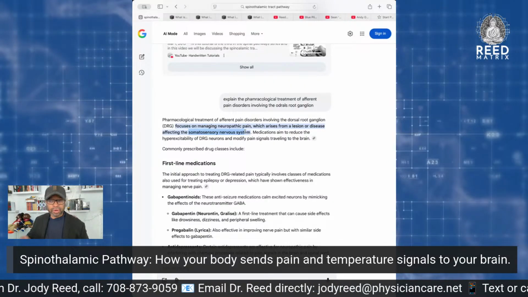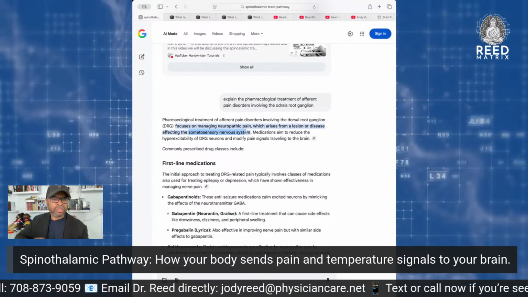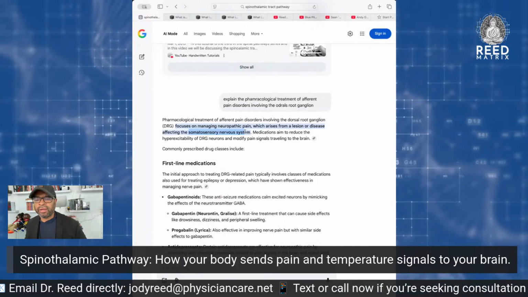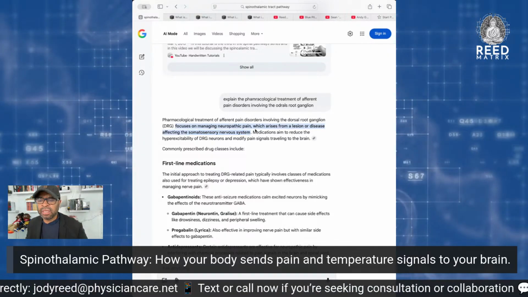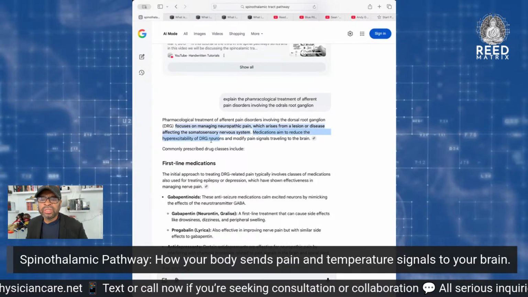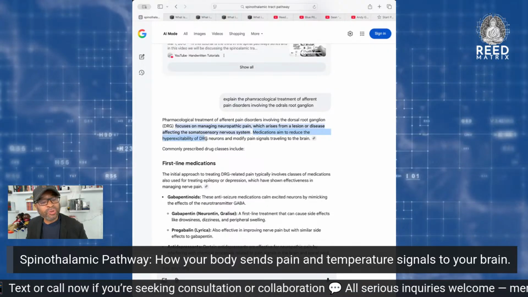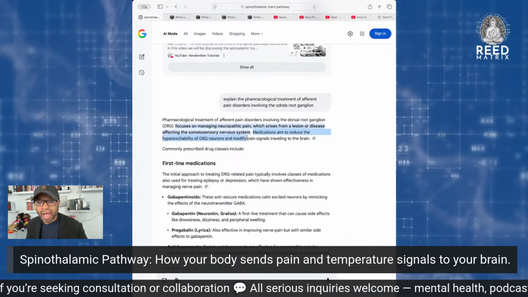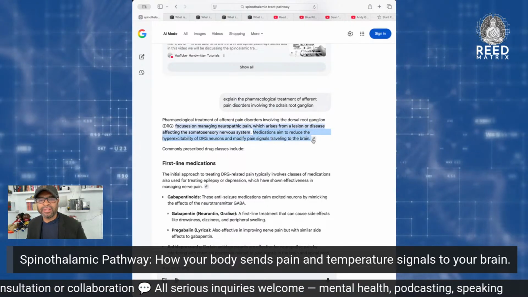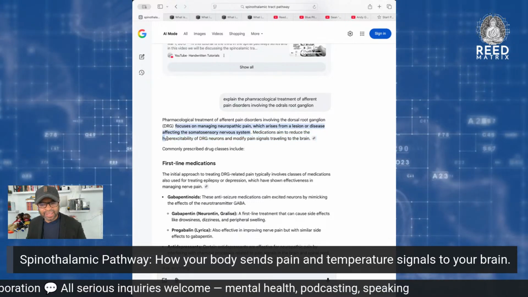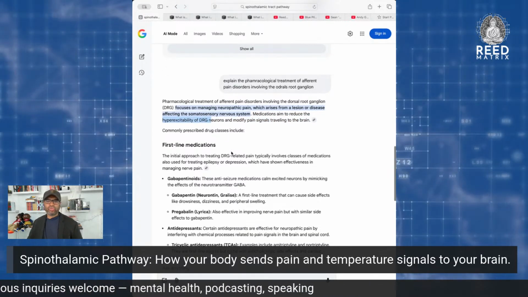I never thought about it as this cohesive system by itself. I just thought about nerve fibers running through there, maintaining these responsibilities. Medications aim to reduce the hyperexcitability of the dorsal root ganglion nerves and modify pain signals traveling to the brain, right? That's it. Decrease the hyperactivity in the dorsal root ganglion.